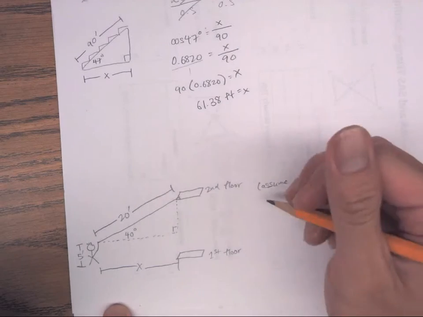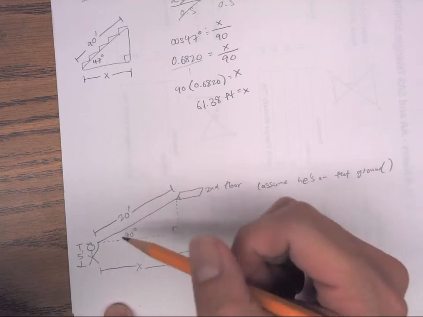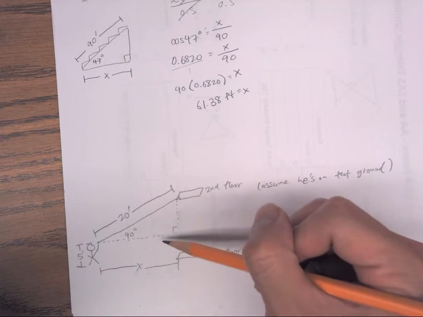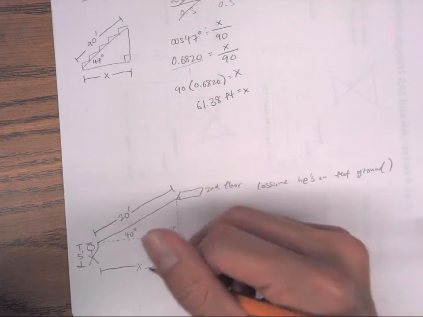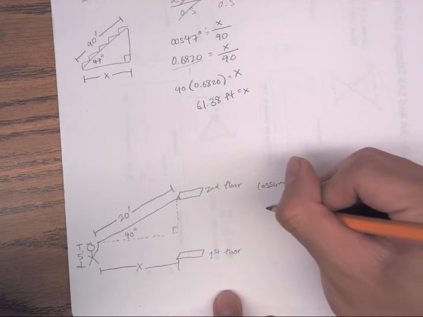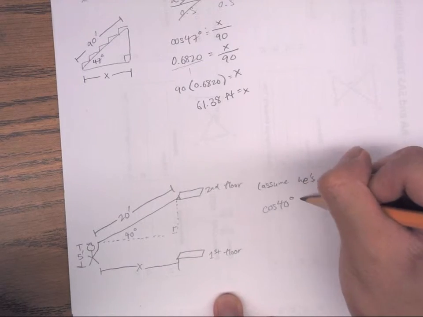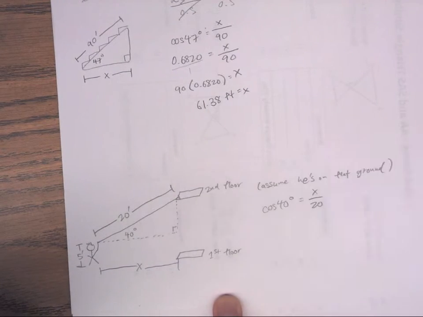If we have the 40-degree angle, we know a side that is adjacent to the 40-degree angle, and we know the hypotenuse. So in order to solve for the distance that he is away from A building, you could just find the cosine of 40 degrees equals x divided by 20.